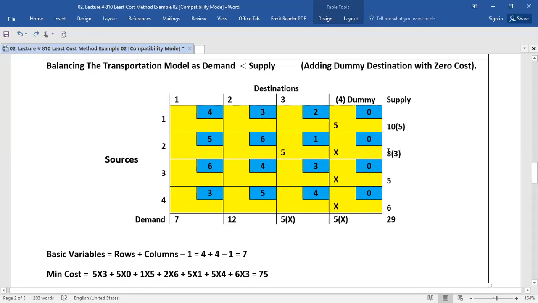So this allocation is completed, but we will put cross signs in the blank cells as our demand is completed. Now we will move for the next allocation. We see here there are two values with least values. 3 is least and here 3 is least. Now I start from here, or you can start from here.